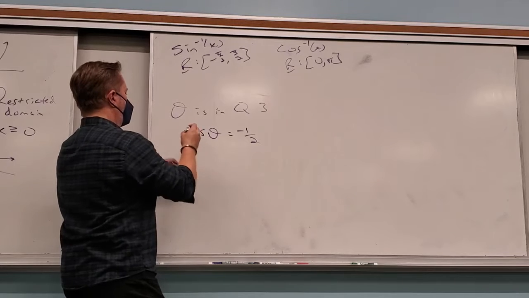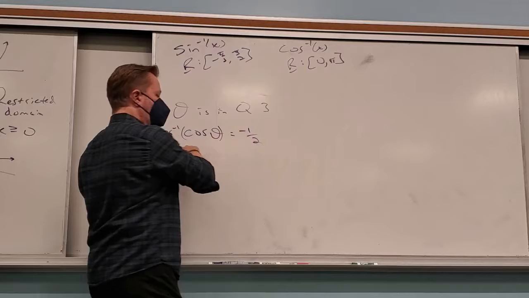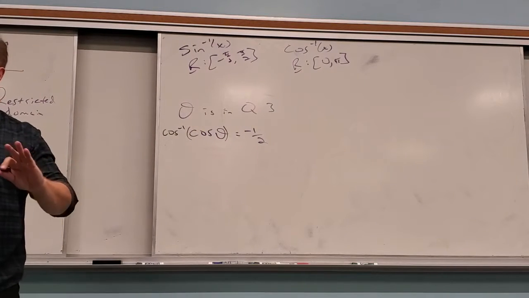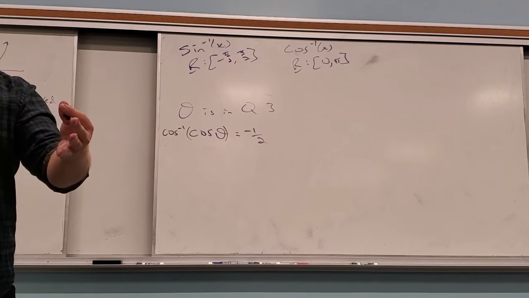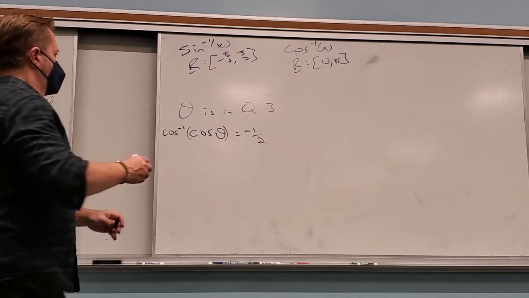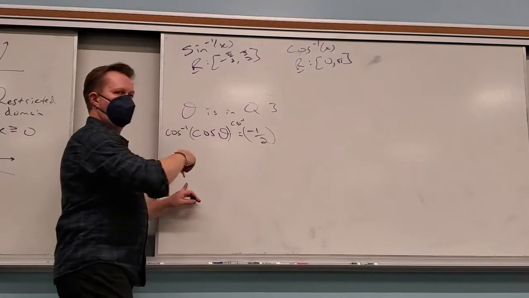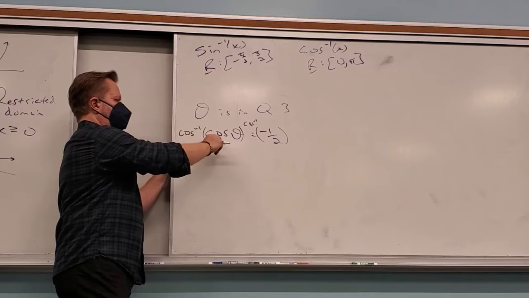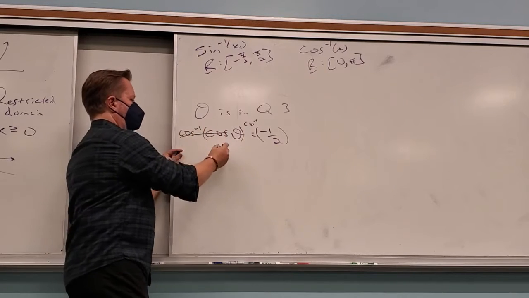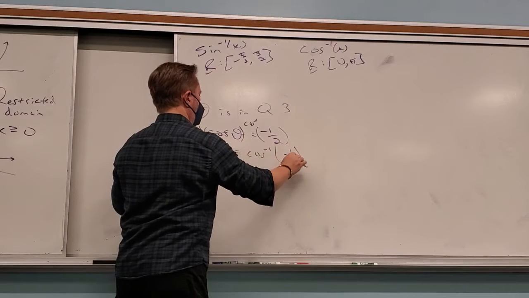Well, if I do inverse cosine of both sides, you guys see how this works? It's exactly the same way we solve any equation. We apply the inverse function. So I have to do the other side, inverse cosine of negative 1/2. What do these do to each other? Cancel. So the angle is inverse cosine of negative 1/2.